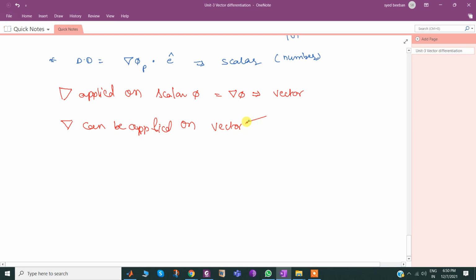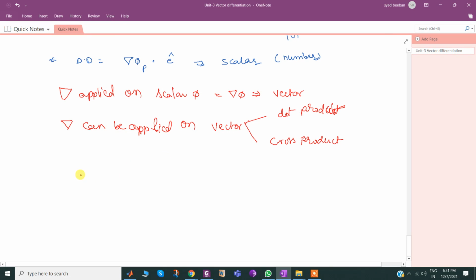in two ways. One is the dot product, another one is the cross product. If I go with the dot product, how does it look?